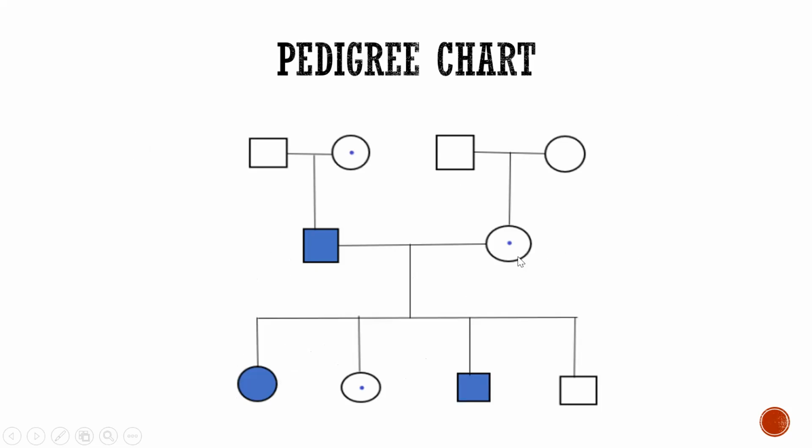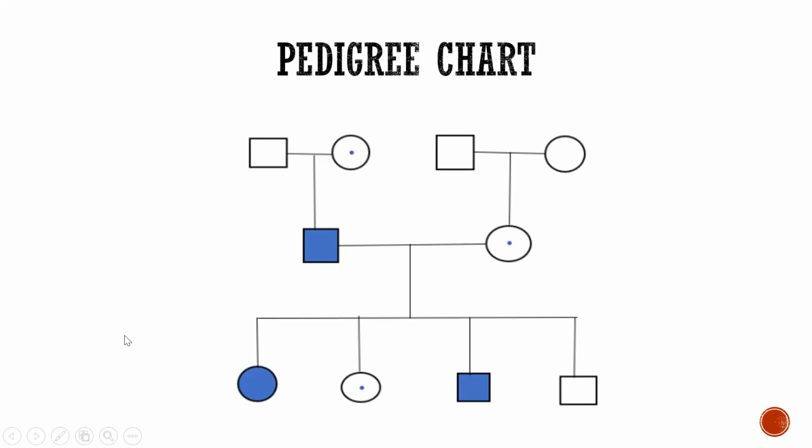He is going to marry a female who will be a carrier. Actually, I should darken this, but it is not darkened. Then they produce two offsprings which are affected, one male and one female. This female is a carrier and one male is normal. So 50% of the offsprings are affected.